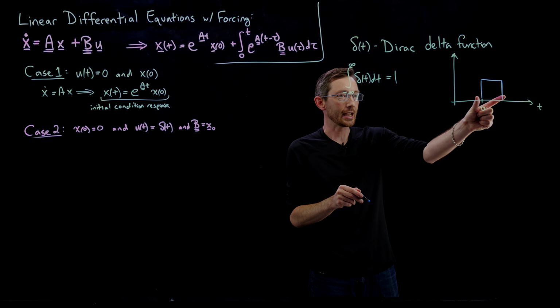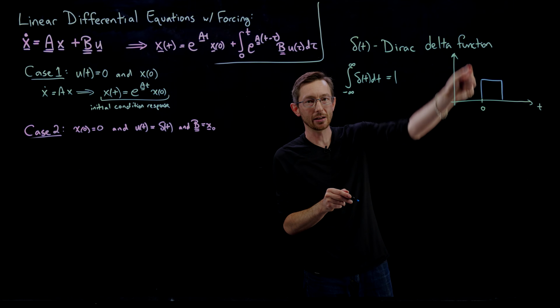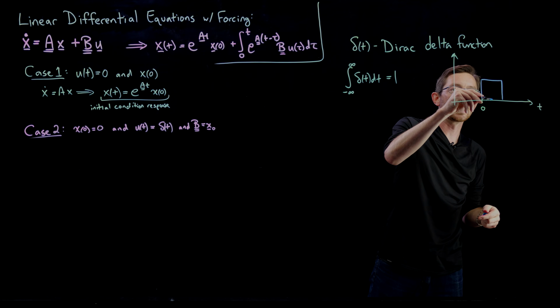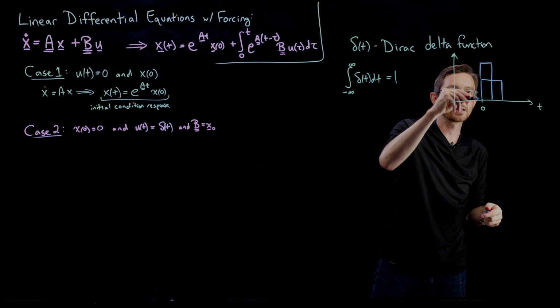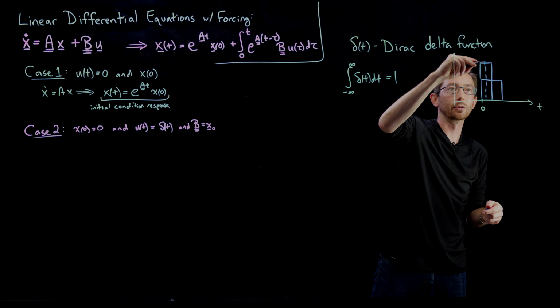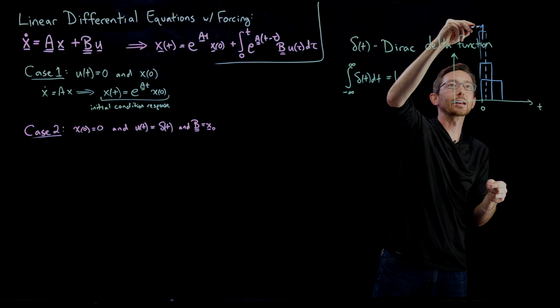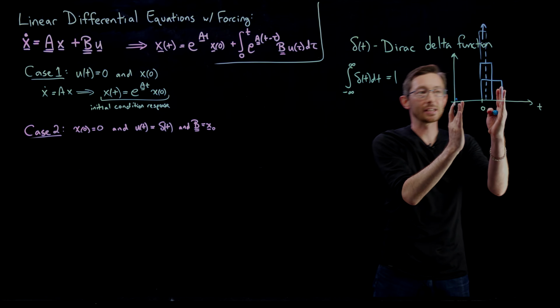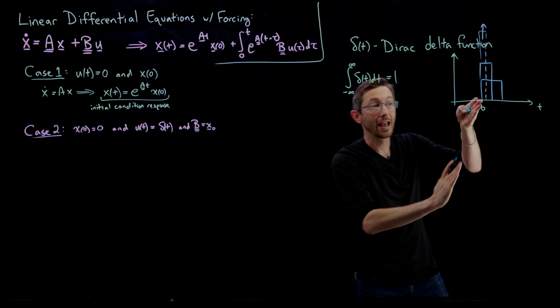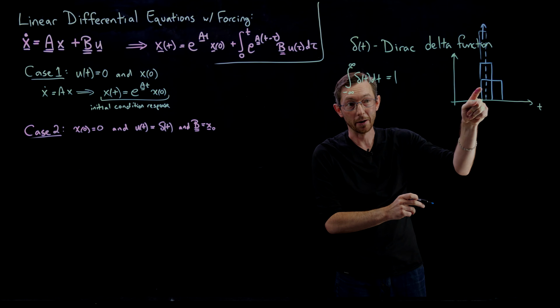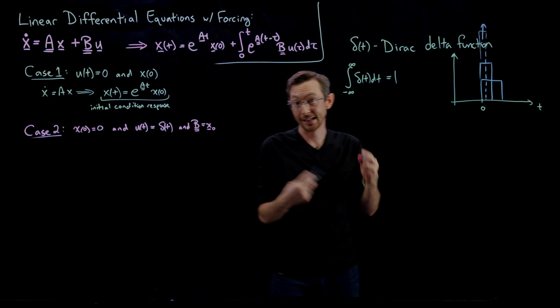And I can start taking the limit as this becomes skinnier and taller so that it still has area 1. I could take it twice as tall and half as skinny, or 4 times as tall and a quarter as skinny. And I take the limit as this thing becomes infinitesimally wide and infinitely tall, but so that its area is still equal to 1. That's what this delta function is. That's the Dirac delta function.